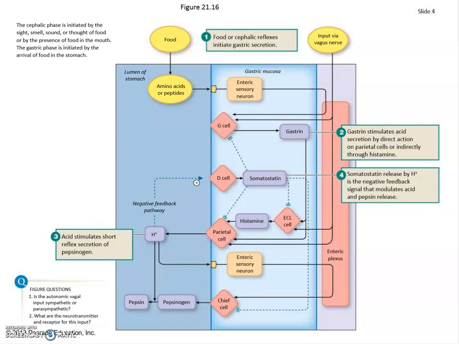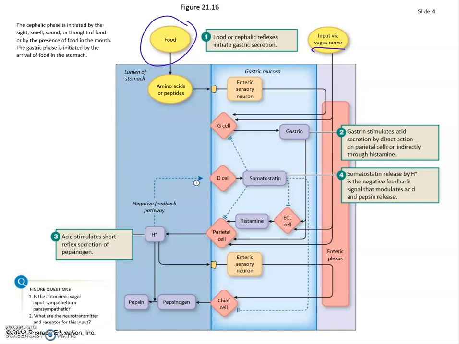This is another figure that seems more complicated than it's worth. So basically, you see food and you want it, and your stomach starts to get ready for the arrival of food, and then here you have input via the vagus nerve in the opposite direction.